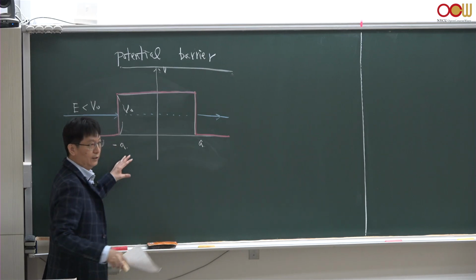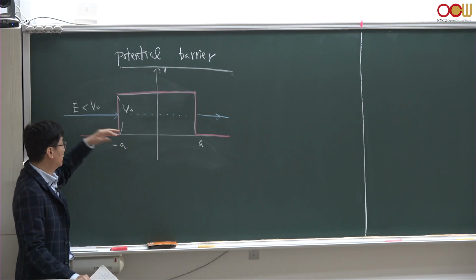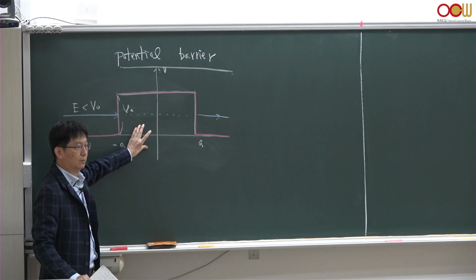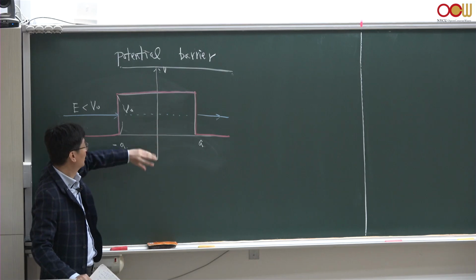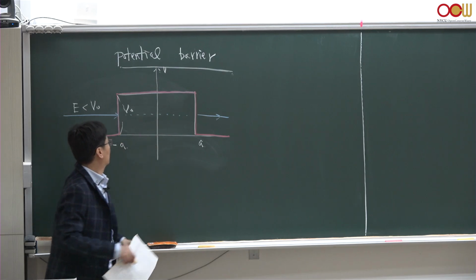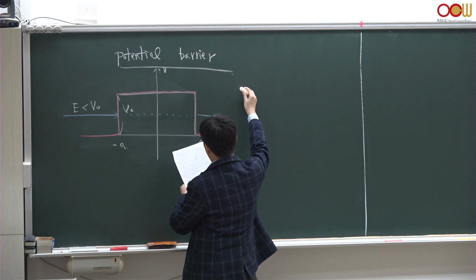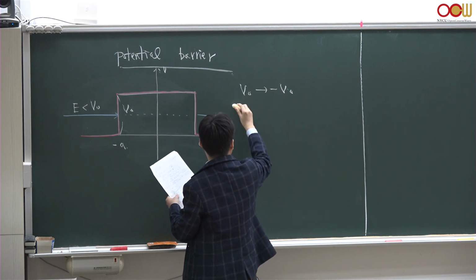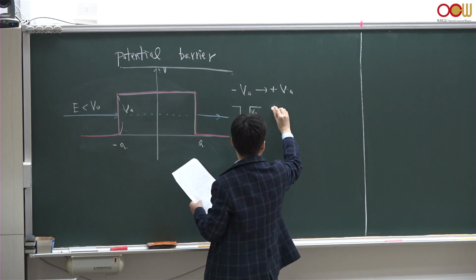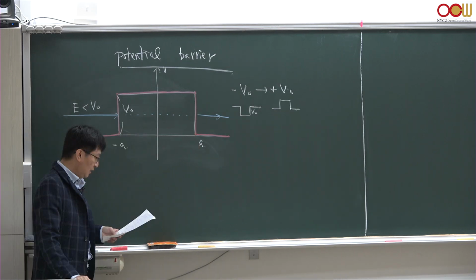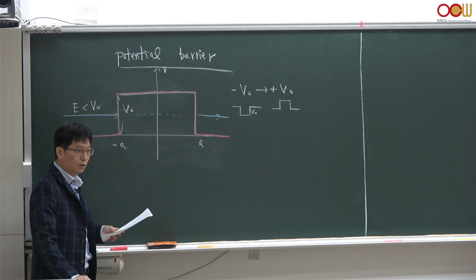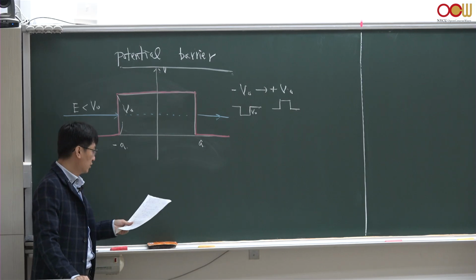But you can take advantage of your solutions for the potential well problem, and simply invert your potential from V0 to minus V0. Suppose this is your potential well problem, you simply flip your potential well, and that will be all. As a result, we don't need to solve the Schrödinger equations from the beginning.